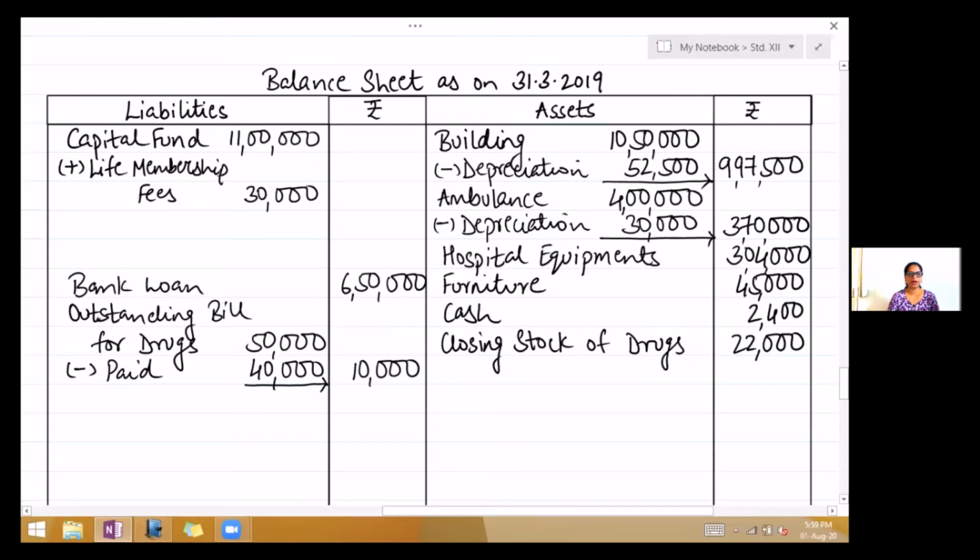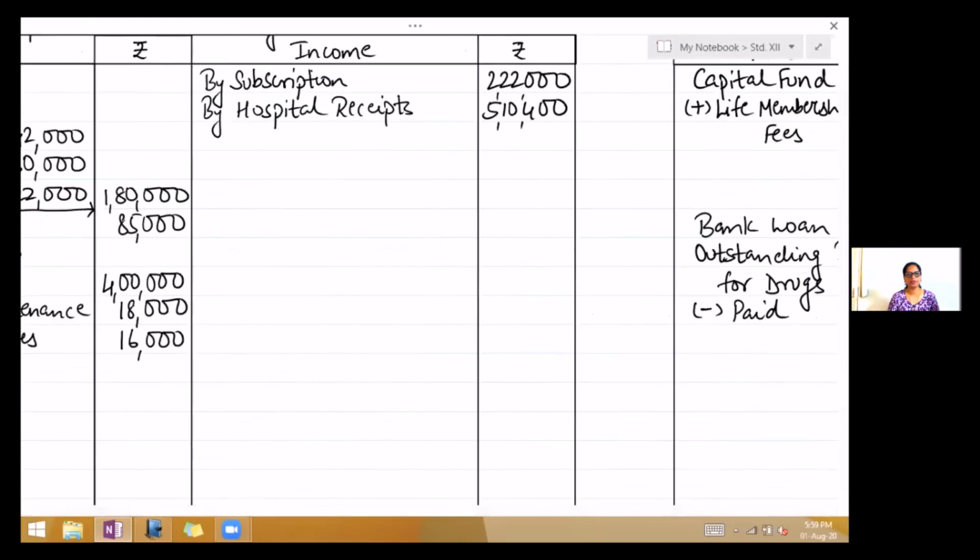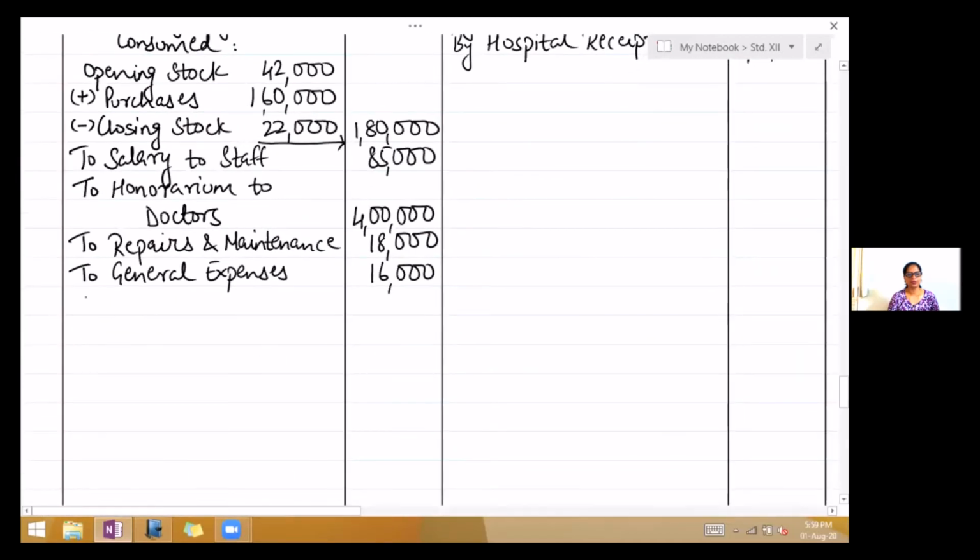Second effect will now come on the expenditure side of income and expenditure account. So write to depreciation. Below that, building. In the inner column, 52,500.